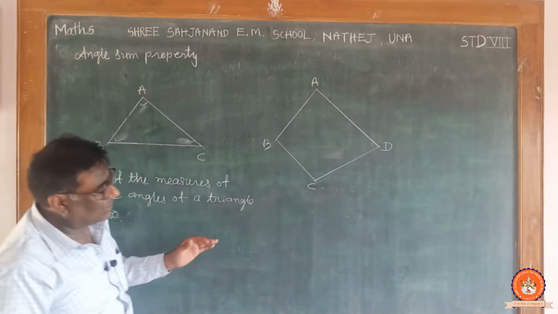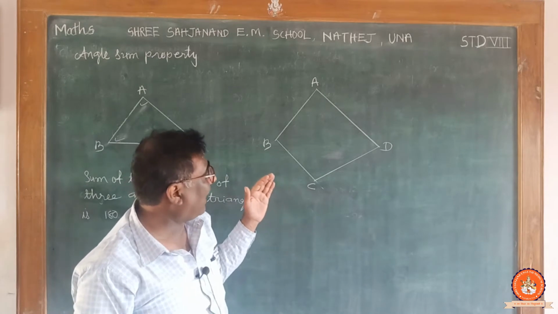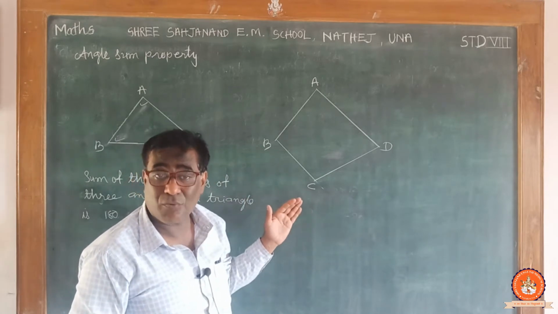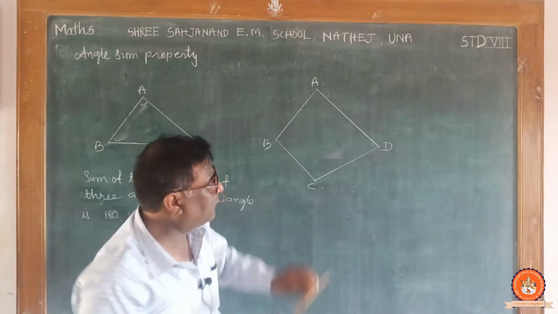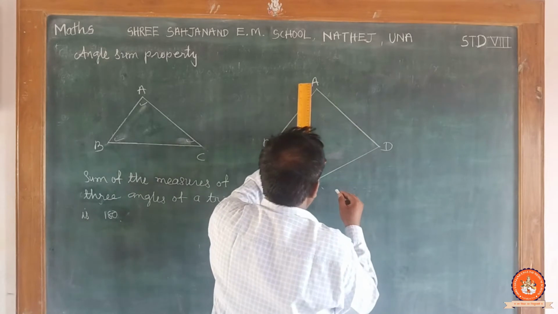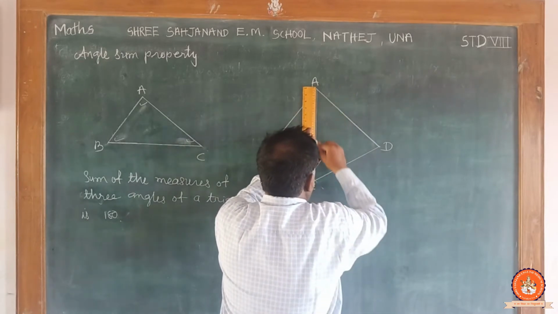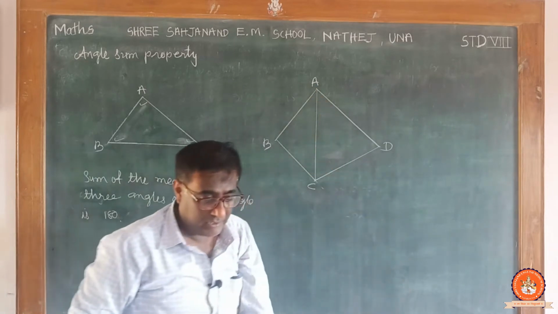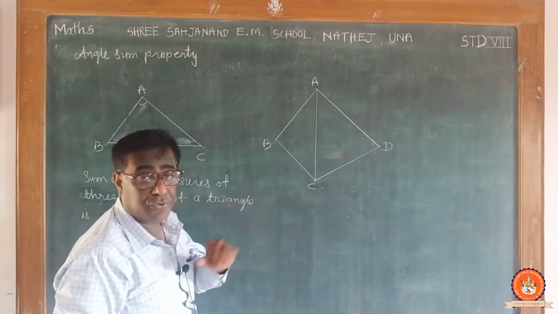Now, what about the sum of the measures of angles in the case of a quadrilateral? Okay. Now, how to find, my friend? If you draw one of the diagonals, then this quadrilateral is divided into two triangles.